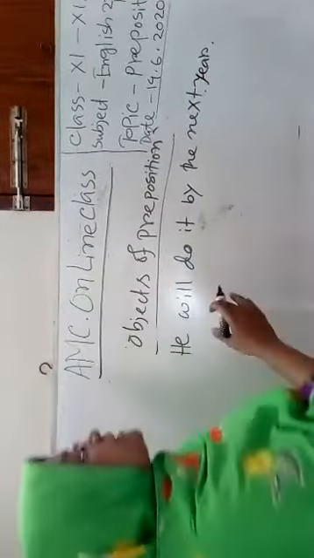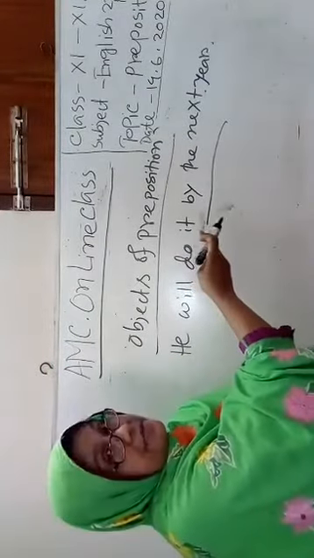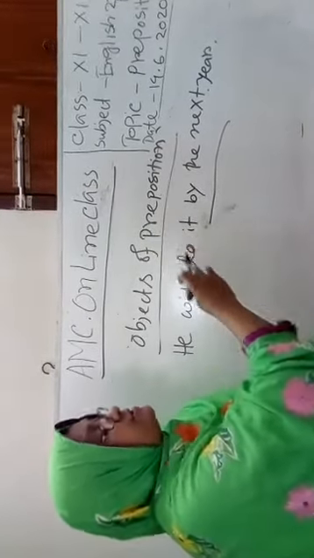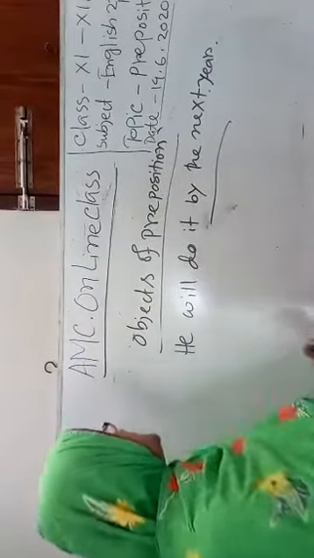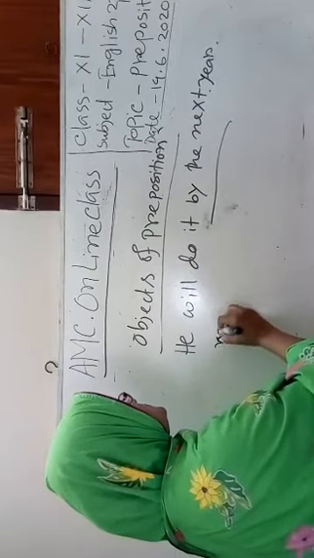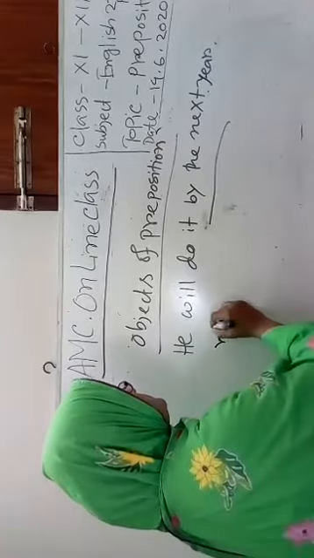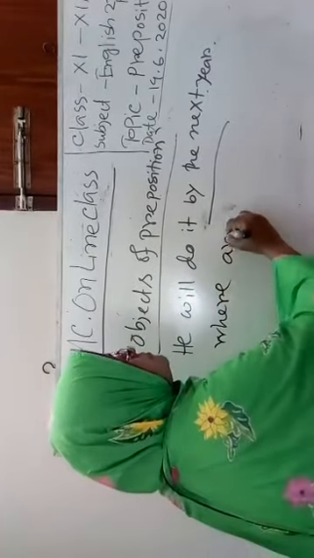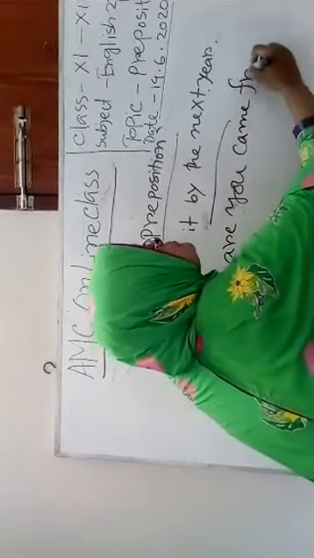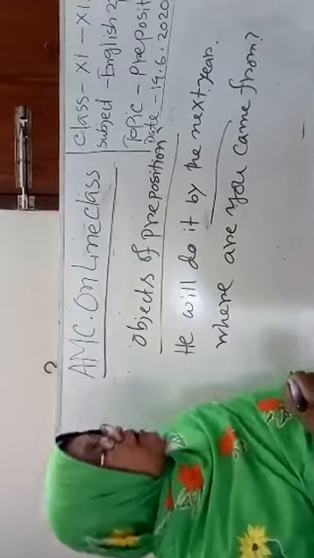this is an example of an adverb of time, and this is also an example of an adverb of time. So we can see that in special cases a preposition takes an adverb as its object. This is an example of an interrogative adverb.